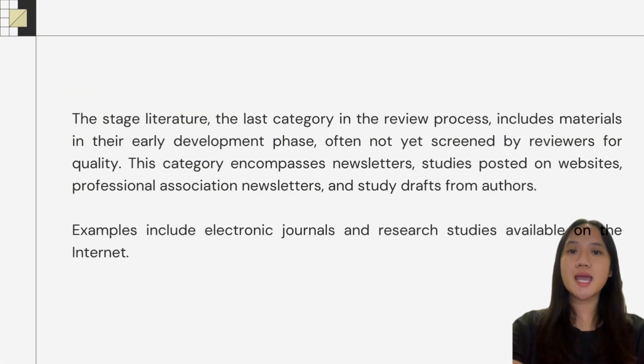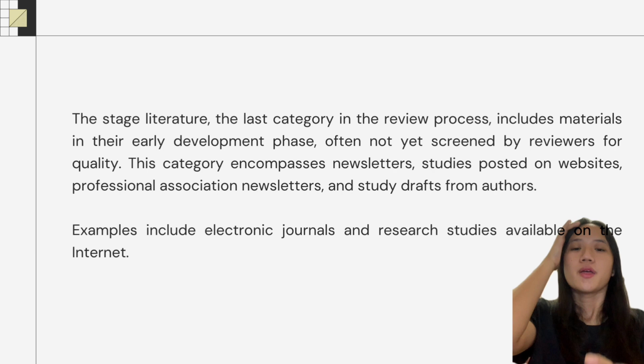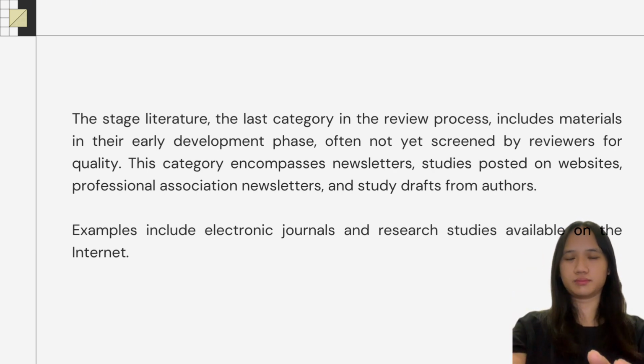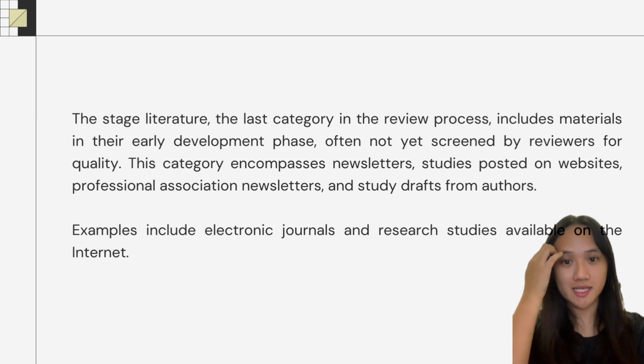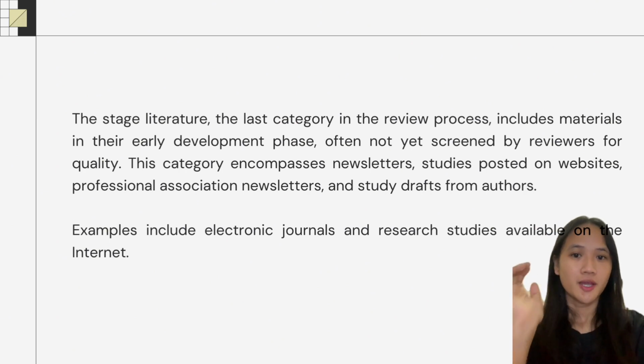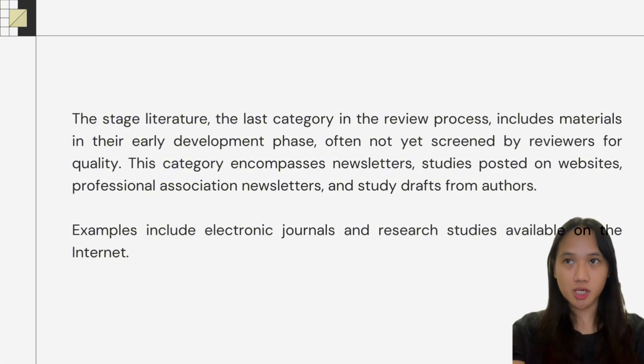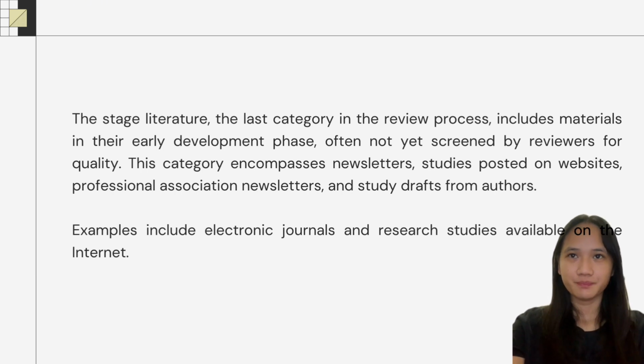So, the stage literature, as the last category in the review process, consists of materials that are in their early development phase, and it has not been thoroughly reviewed by experts for quality. This category includes a variety of sources such as newsletters, studies posted on websites, professional association newsletters, and study drafts directly from authors.